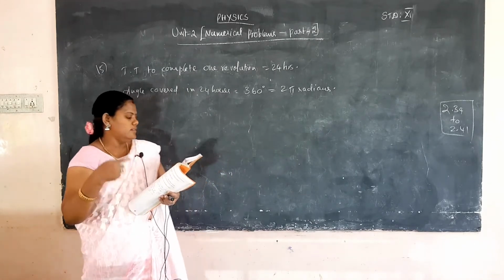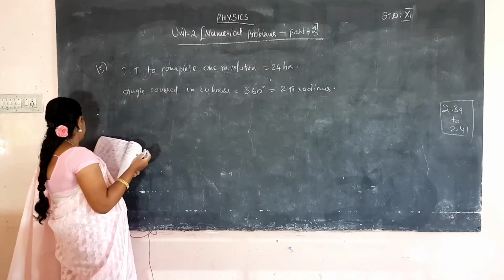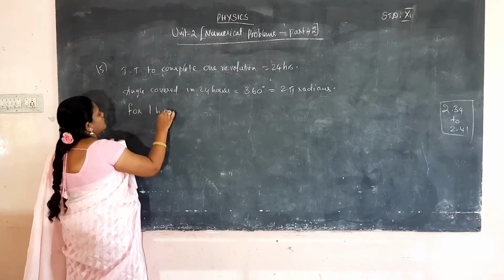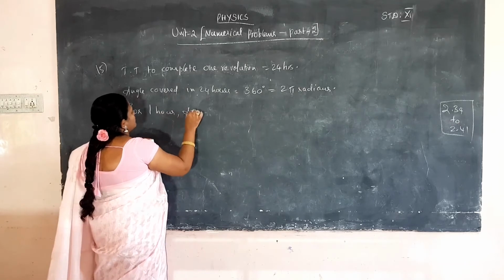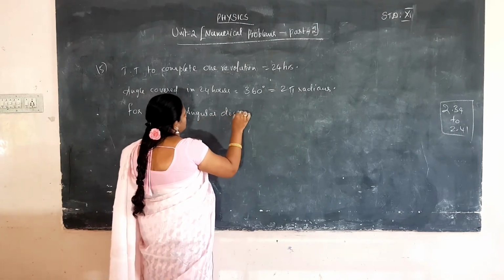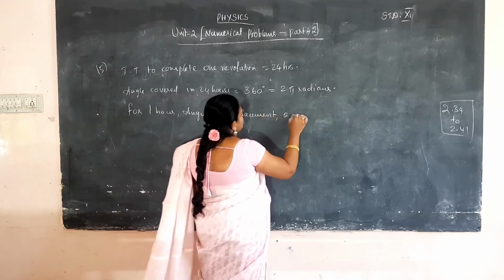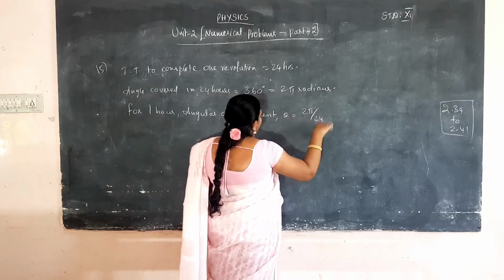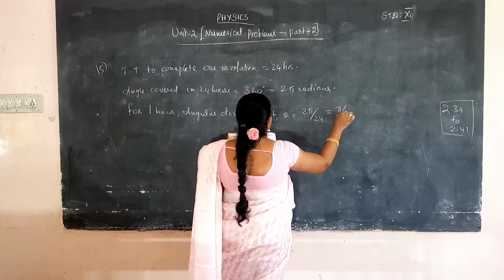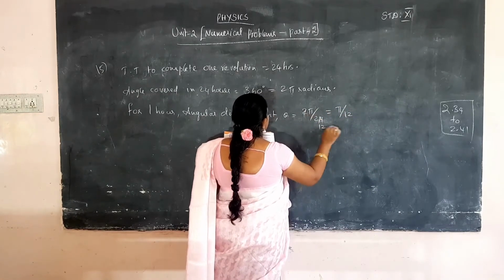In 1 hour, the angular displacement theta is equal to 2 pi by 24, which is equal to pi by 12. 12 twos are 24.